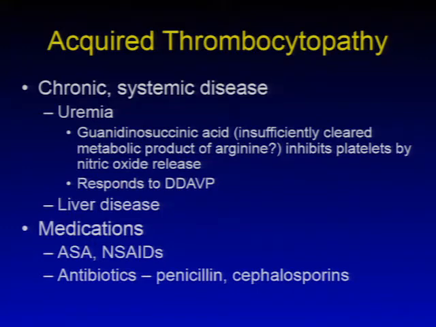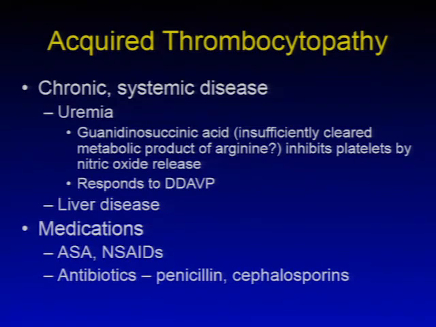And in this situation, the believed mechanism is guanidinosuccinic acid, which is a metabolic byproduct of arginine that's not sufficiently cleared because of the renal disease, and this ends up inhibiting platelets by nitric oxide release. A very complicated mechanism, but thankfully a very simple fix. Again, DDAVP or desmopressin will allow these patients to have normal coagulation. Liver disease can be also a cause.